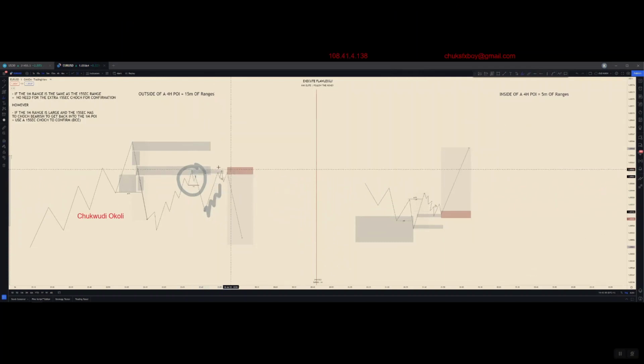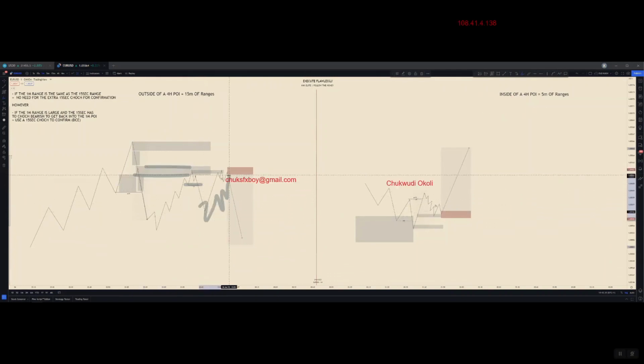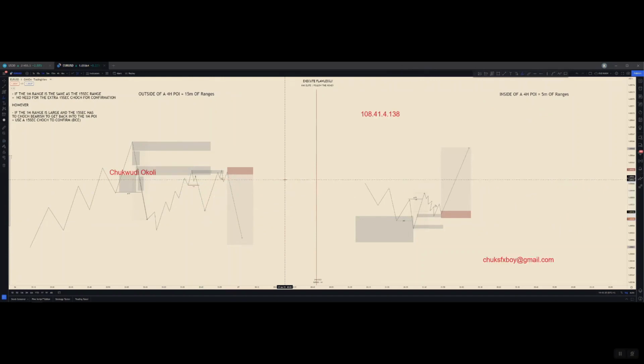If we get the confirmation on the 15 seconds, we can take it as a double confirmation entry. If there was no 1-minute chop, then of course you need to see the 1-minute chop again. But if you have the first 1-minute chop from the 15-minute POI, even if it's chopping against when it comes back to the POI, we don't care if the 15 seconds gives the confirmation entry. We'll take it. If you wait for the 1 minute every time like that, you're going to miss a lot of trades.